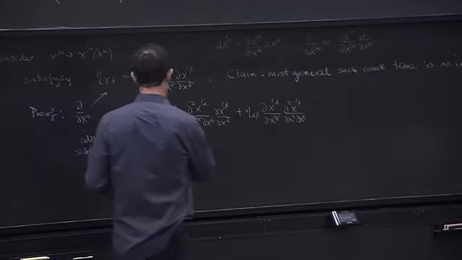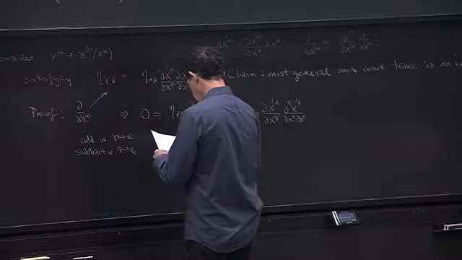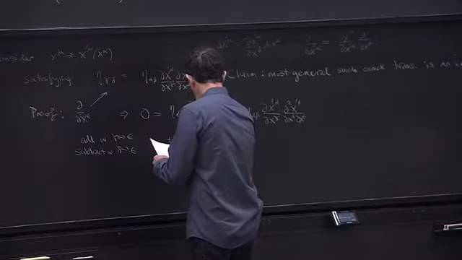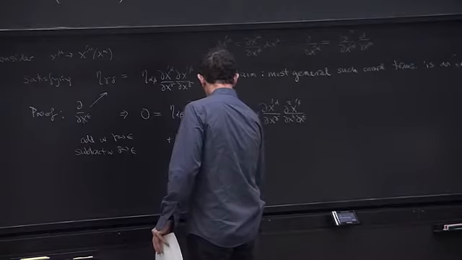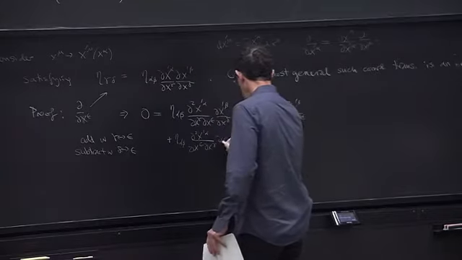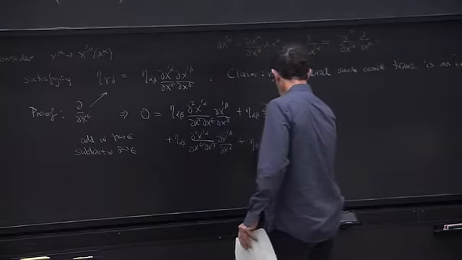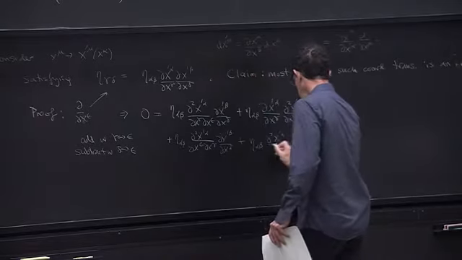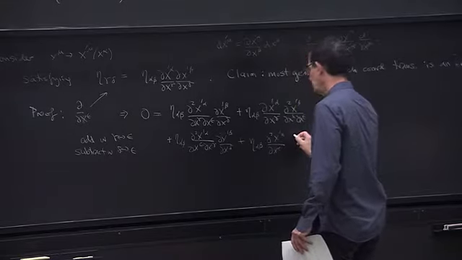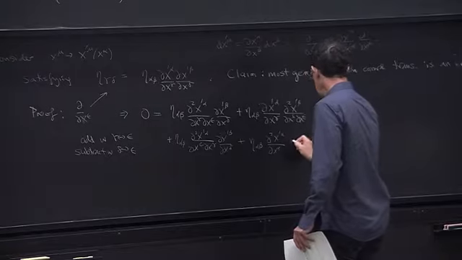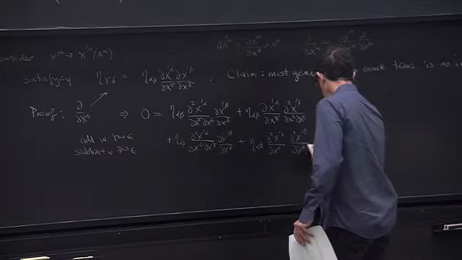Now we're going to get 6 terms, so let me write them out. So we'll put a plus here, eta alpha beta d2 x prime alpha dx epsilon dx gamma dx prime beta dx delta plus eta alpha beta d2x prime alpha dx epsilon, d2 x prime beta dx delta dx gamma.